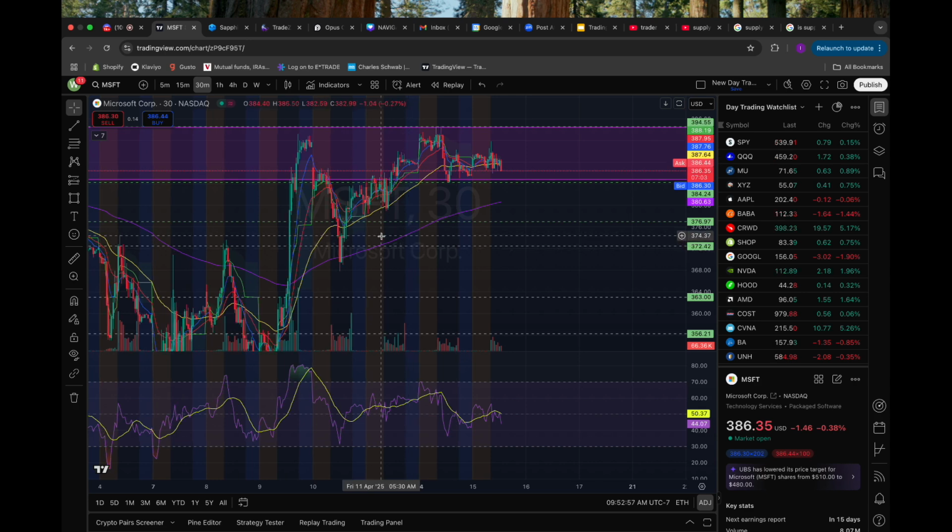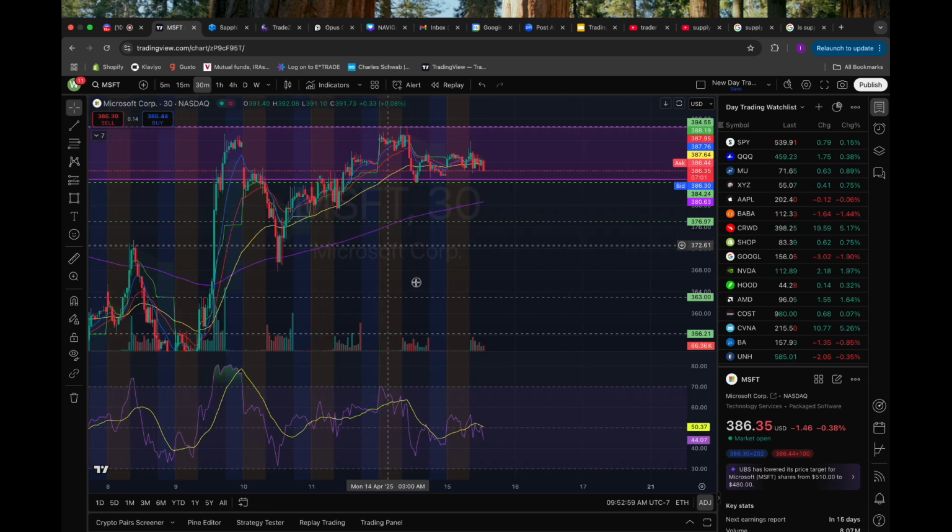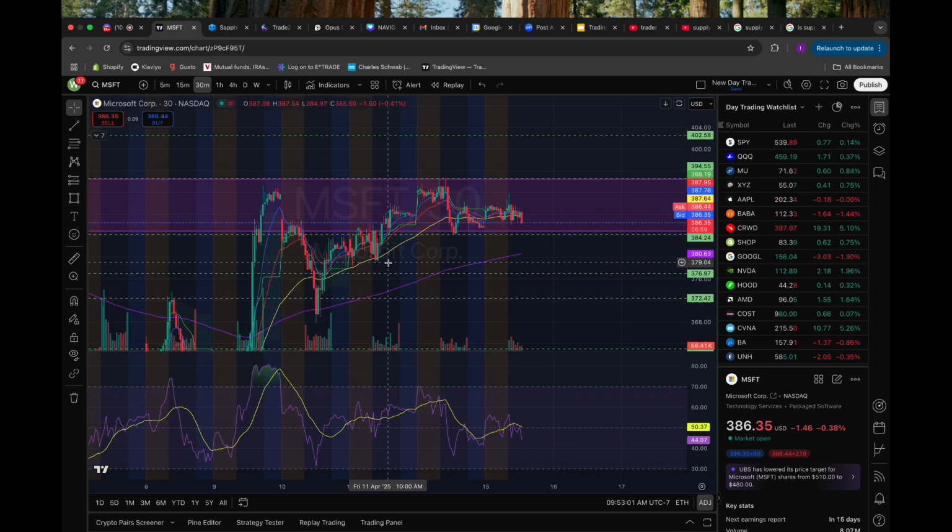You still want to operate off of support and resistance, right? So look right here, the day before on Friday, Microsoft support was 379.04, and its resistance for the day was 390.06.